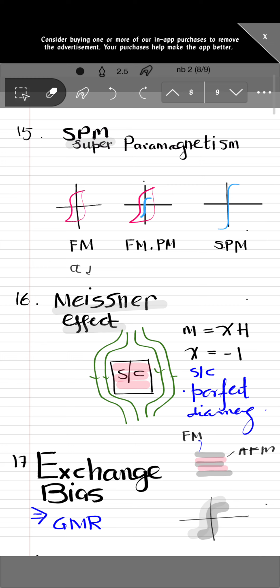And for comparison, these two schematics have been drawn together. The red one is of the ferromagnetic material, and the blue one in the middle is of paramagnetic material.